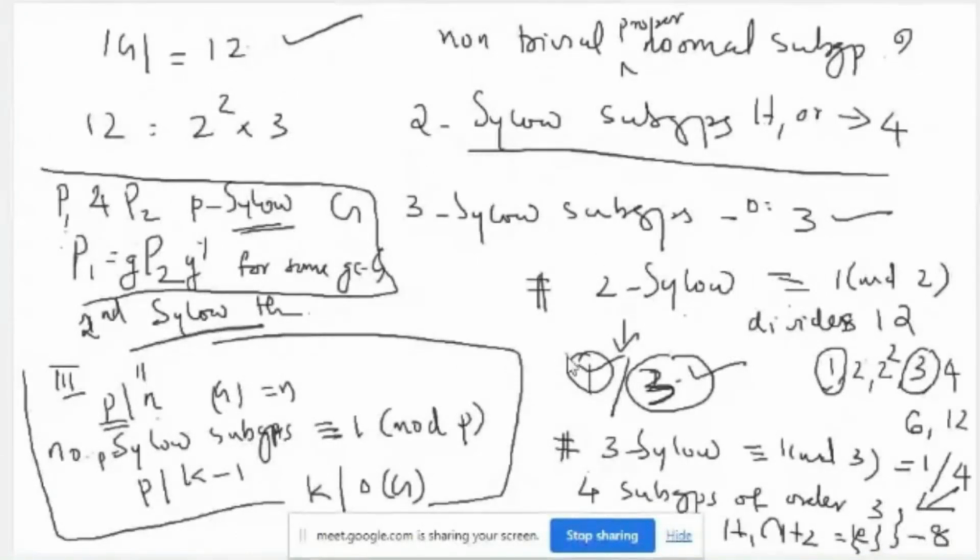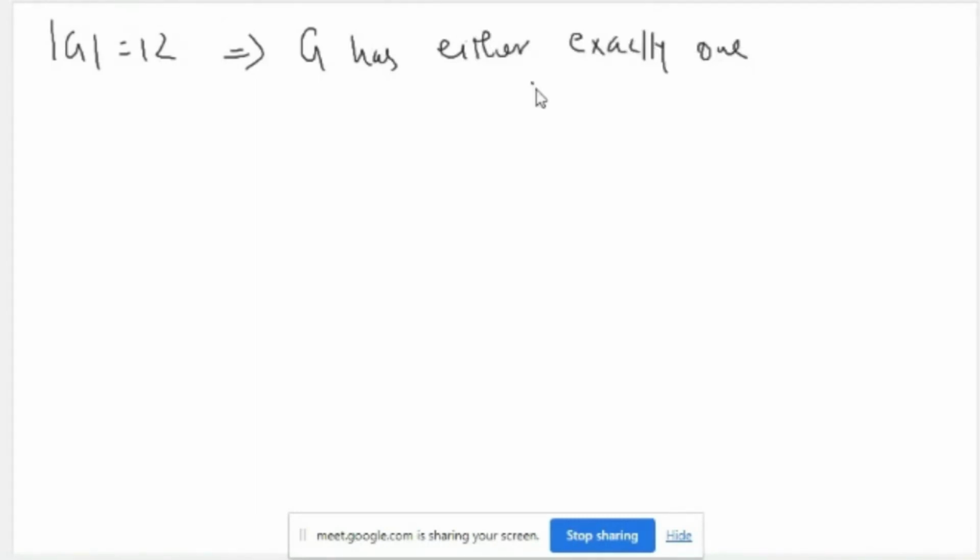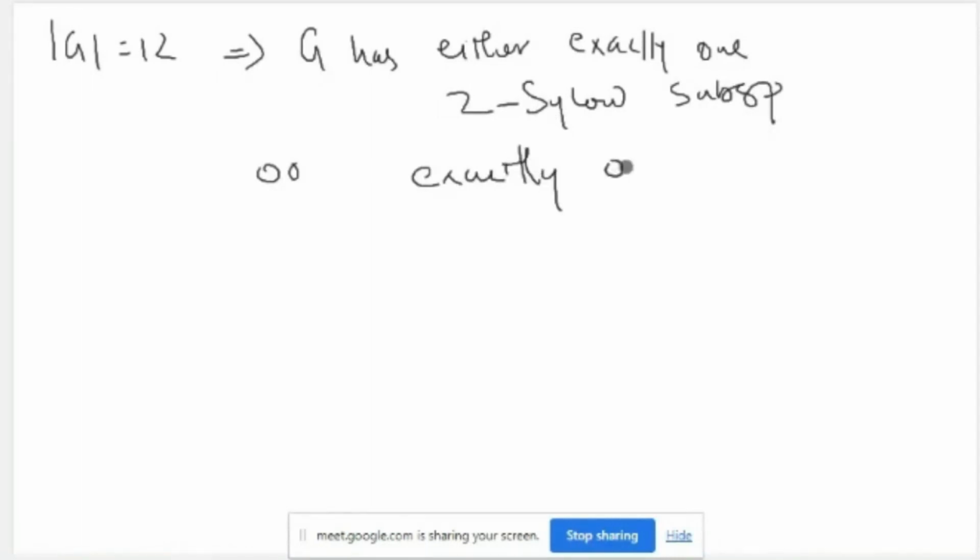So only 1 Sylow subgroup. What we can conclude is this: if G has order 12, then G has either exactly 1 Sylow 2-subgroup or exactly 1 Sylow 3-subgroup.